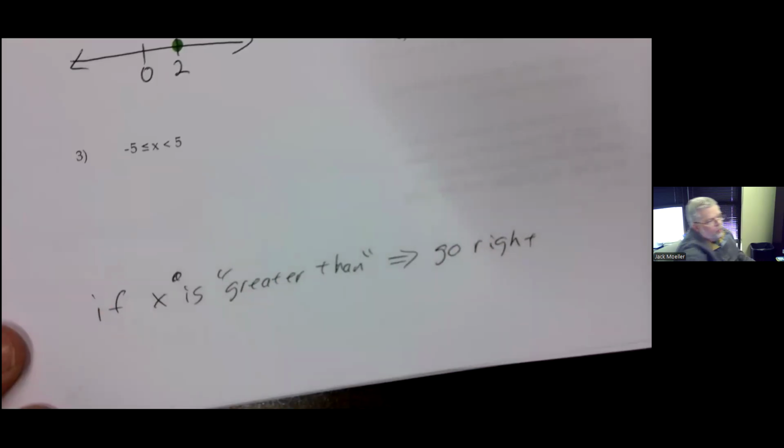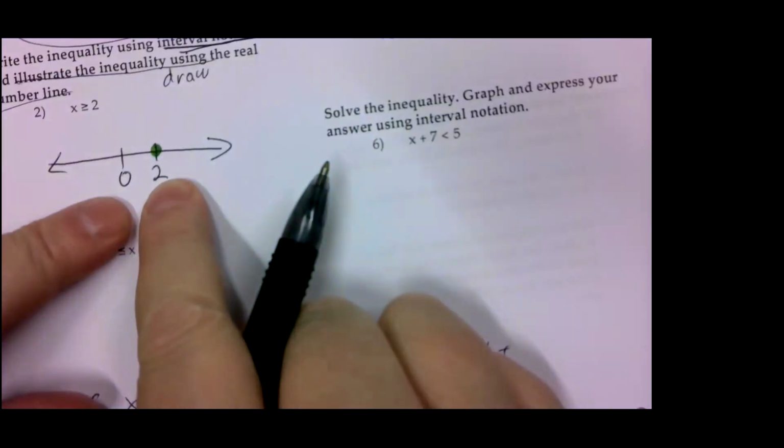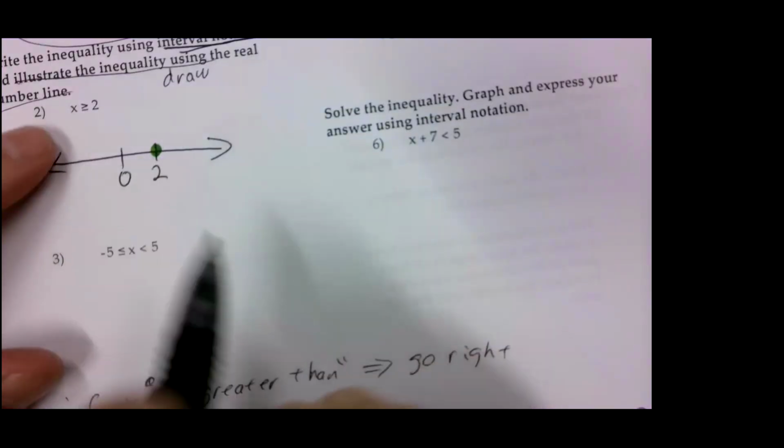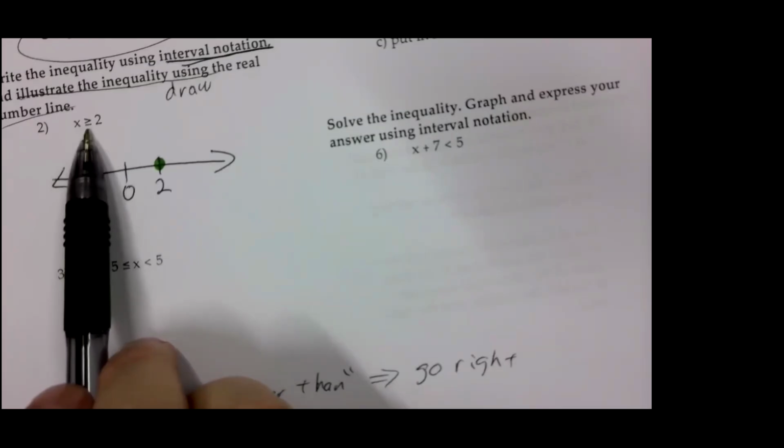Because the way we define greater than or less than on two numbers, whichever number is to the right is the one that's greater than. Now, when we read this, you generally read it from left to right. So the correct way to read this would be x is greater than or equal to 2.